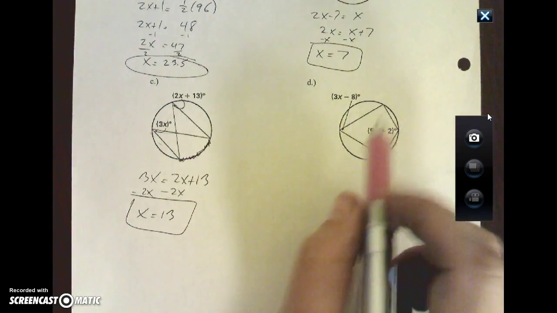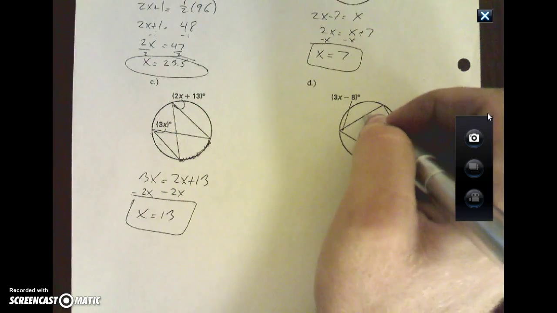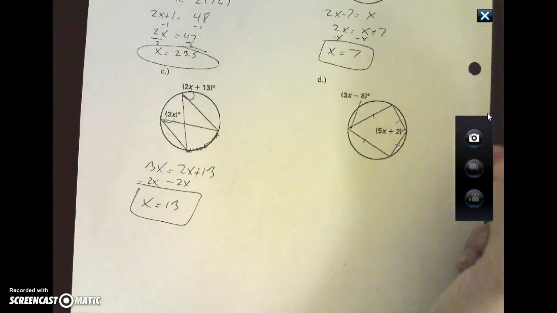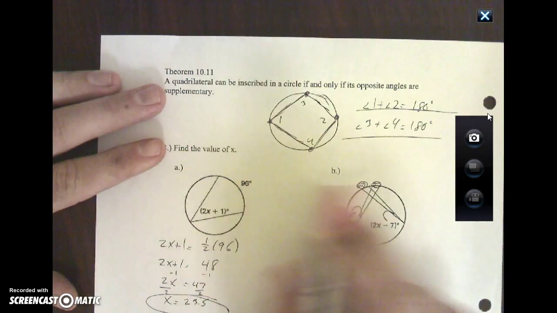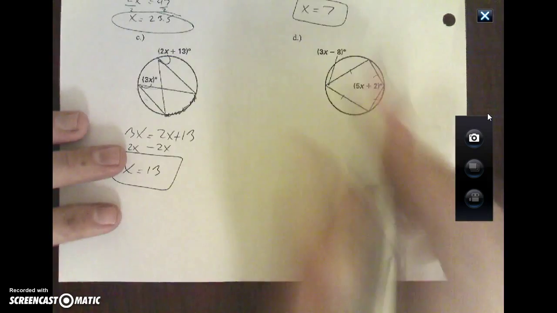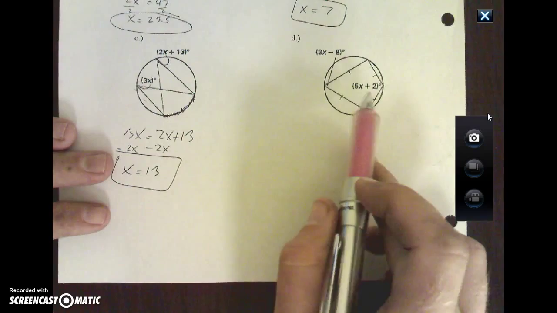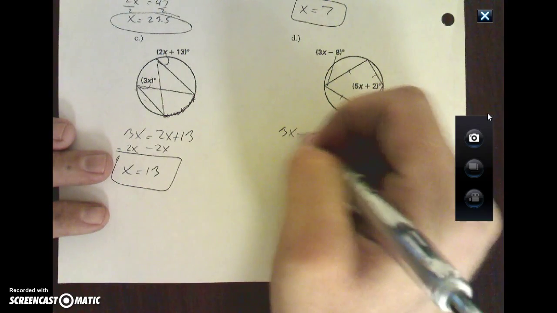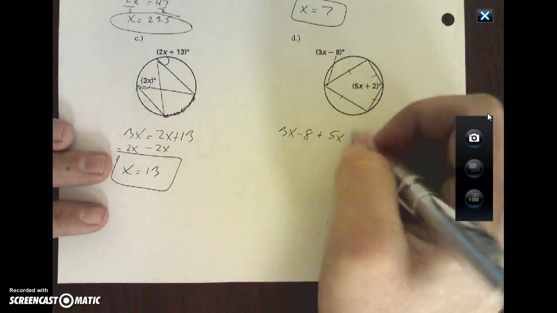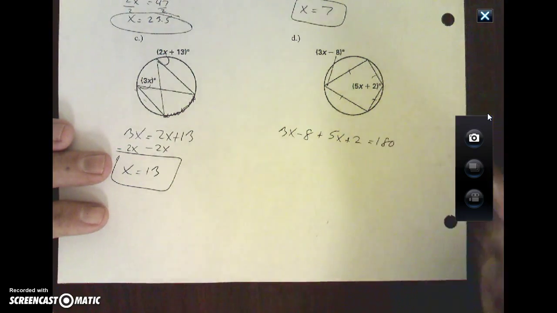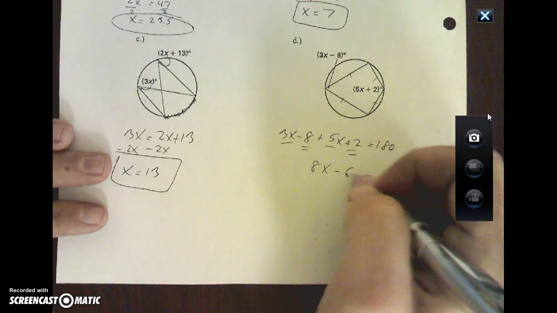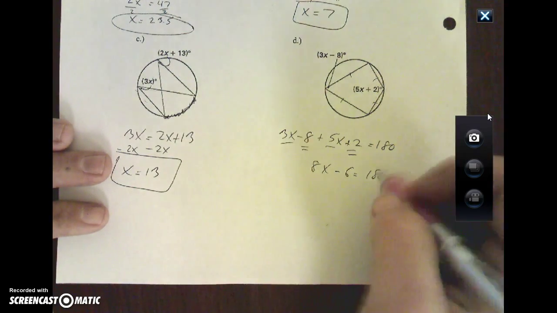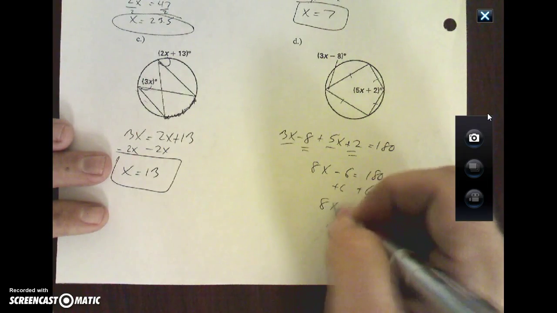And finally, this one is a little bit oddball out, but it's not too bad. This is a quadrilateral. How do I know it's a quadrilateral? 1, 2, 3, 4 sides. So we just learned in Theorem 10.11, opposite angles have to add to 180. So back down here, I have opposite angles, 3x minus 8 and 5x plus 2. Add them up, so 180. Combine like terms. Add 6 over.